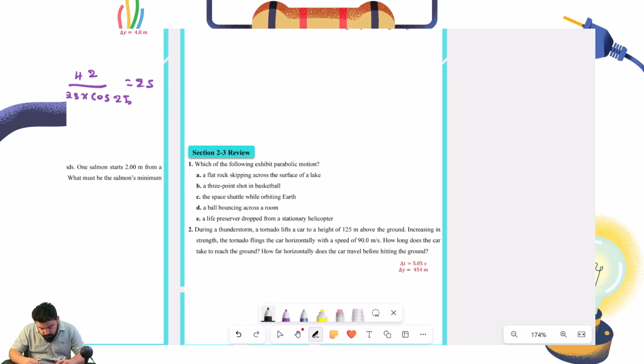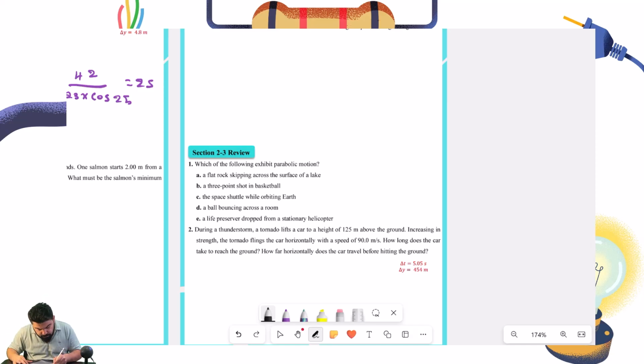It says, which of the following exhibit parabolic motion? A flat rock skipping across the surface of a lake. If you have done this on a river, that for example you throw a stone over a river and you see that the stone is skipping, or bouncing off the surface of the water.